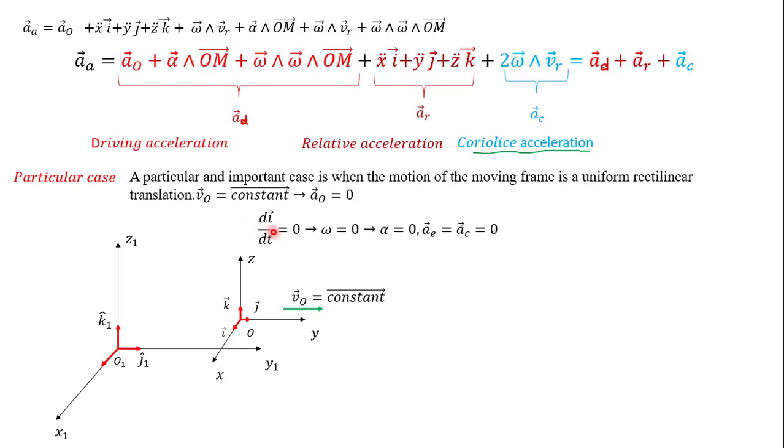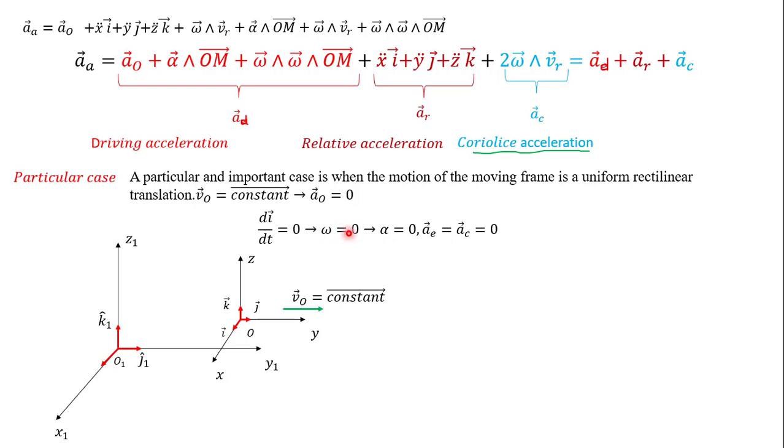So if we don't have any rotation, di over dt will be equal to 0, because di over dt is equal to omega cross i, and omega is the angular velocity. If we don't have any rotation, then omega, the angular velocity, will be equal to 0.